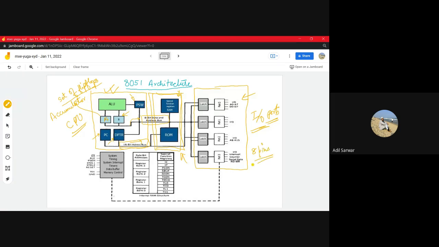Okay, and one of them is not multiplexed. Rest of them are multiplexed, and one thing you see here, there's a latch that I have connected before this. What is this latch? Latch is basically a flip-flop, set of flip-flops.